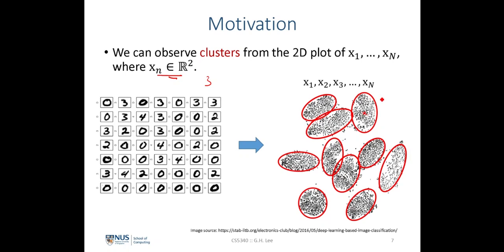For example, this is class equals 3. All the digits of 3 tend to form a cluster together, but they don't collapse into one singular point. The reason is that with different handwritings, although it's the same digit, there is a certain variation among them. So we can expect a certain variation in this particular distribution.